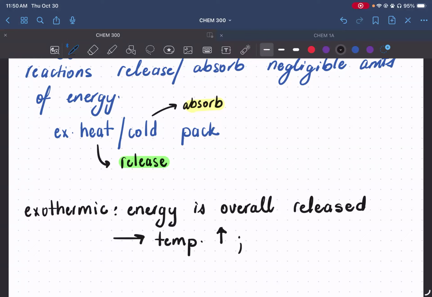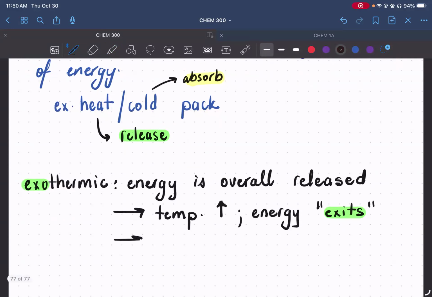In the case of an exothermic reaction, what we say is that energy exits. And it is from this term exits that we get exo. So an exothermic reaction, energy exits.